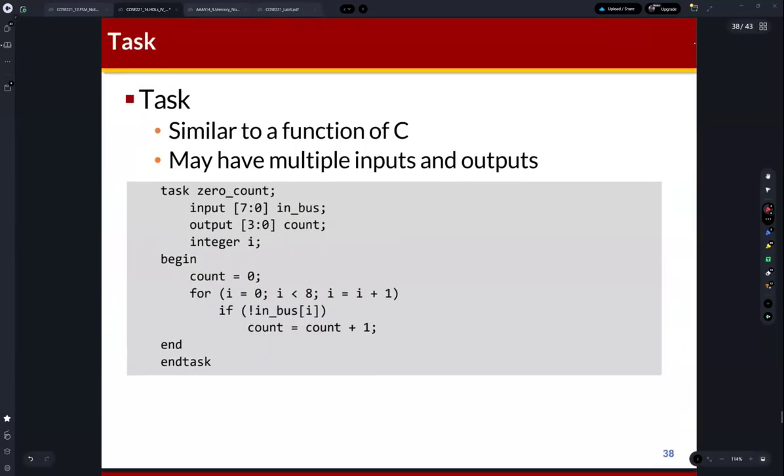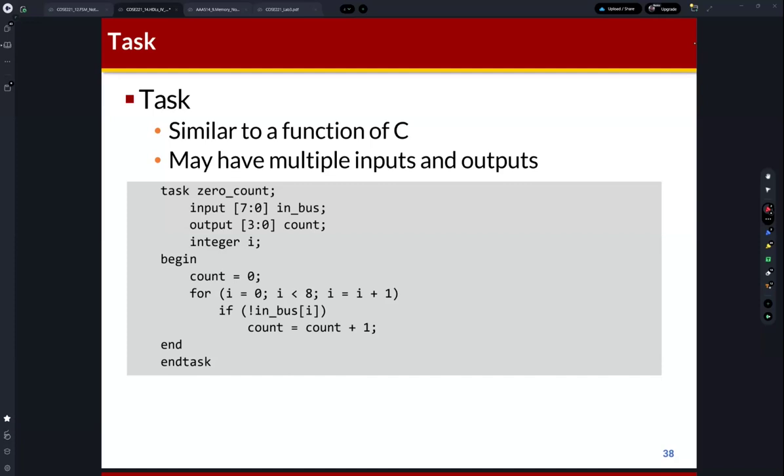And then SystemVerilog supports the task. Sometimes some statements can be repeated. If some statements are repeated, then we can define a task. In C, if a certain part is repeated, we can define a function and call the function.